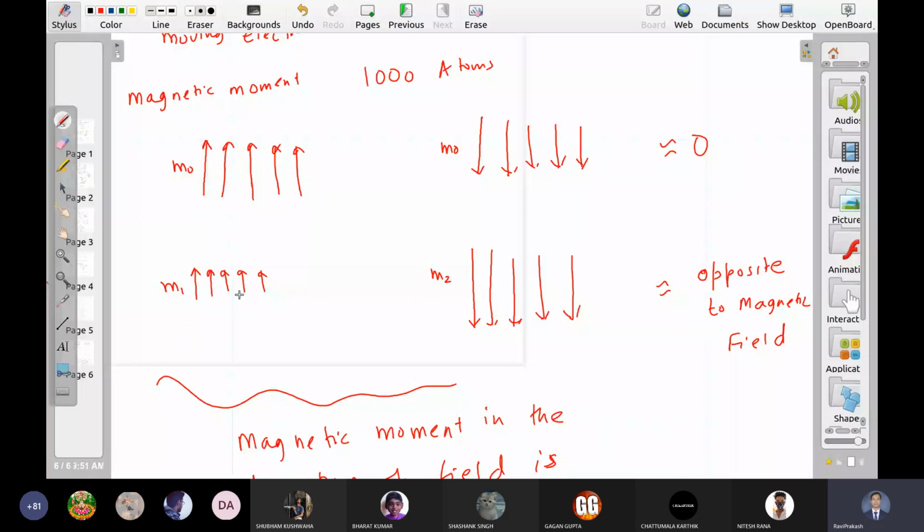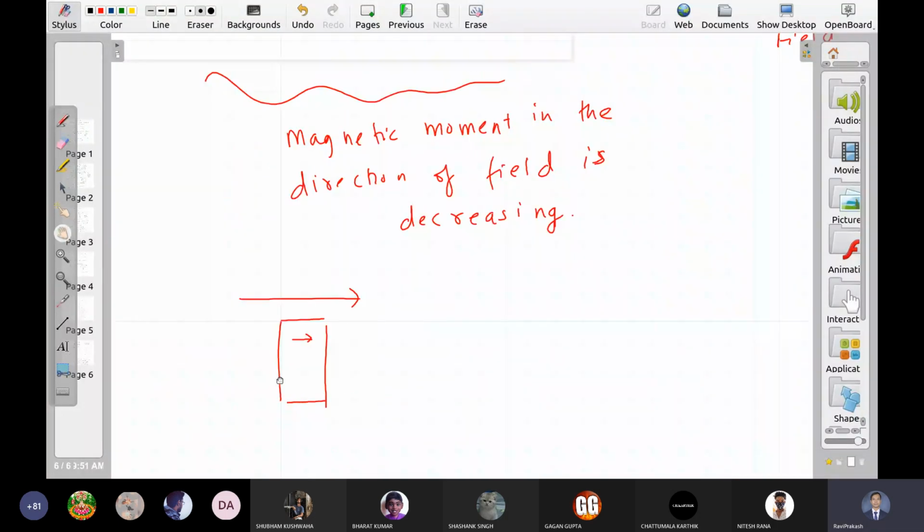So if you now take the total sum, it will be opposite to the magnetic field. That is the reason that when you put a diamagnetic material inside a magnetic field, the magnetic moment created in this material is opposite to the applied field. Okay. Any doubt here? Anyone, please?